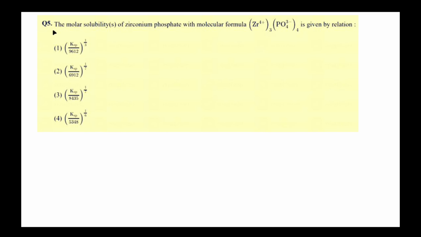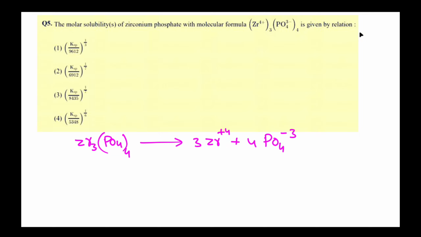The next question is, the molar solubility of zirconium phosphate with molecular formula Zr4 plus thrice PO4 minus 3 4 times, that is Zr3 (PO4)4, is given by the relation. So that is zirconium phosphate, it will be dissociated into 3 moles of zirconium ion and 4 moles of phosphate ions.